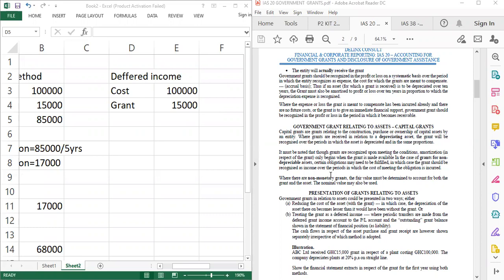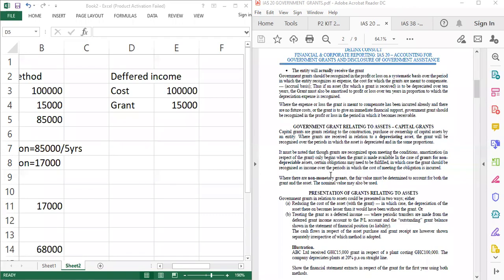So every year you are using 20%. The next year it will be 40, the next 60, the next 80, the next 100, and the asset is exhausted. So the question is, how many times can you use the asset at 20% to reach 100%? That is 5 times, which is 5 years. So whenever you are given the percentage, divide 100 by the percentage, and that gives you the number of years.